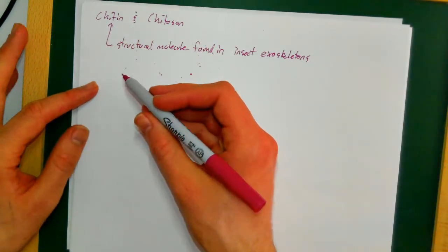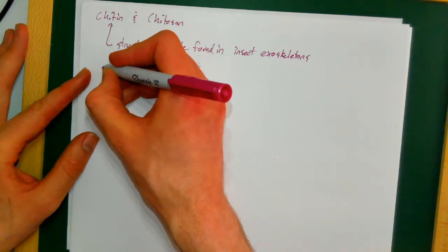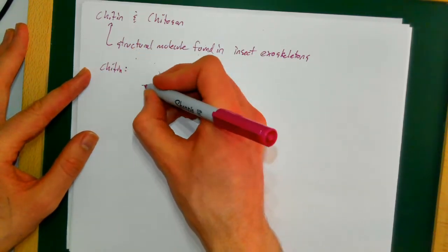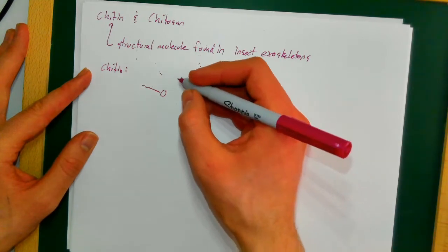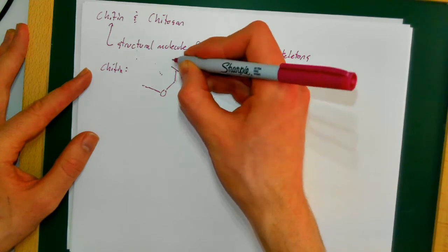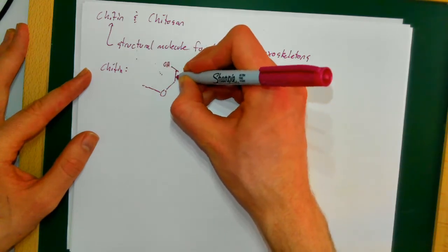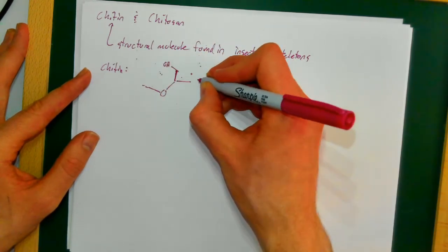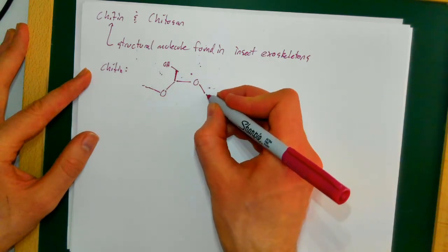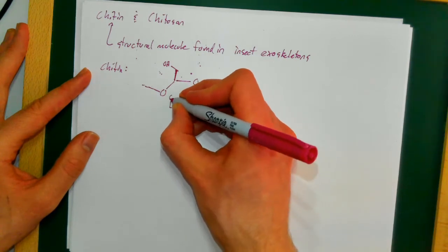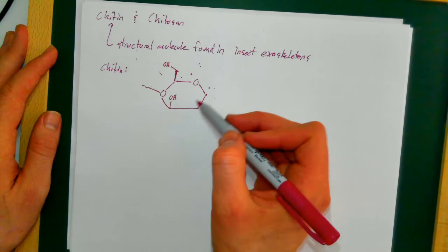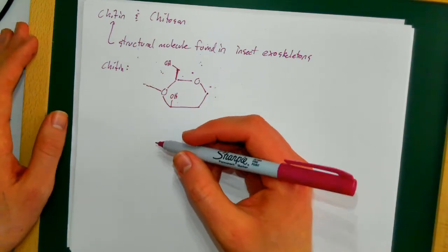So what does chitin look like from a molecular structure? Chitin looks like this. It's an oxygen right here. Oxygen. OH group right here. This is bonded back to nitrogen. So it's a polysaccharide, right? There's a ring-like structure here.